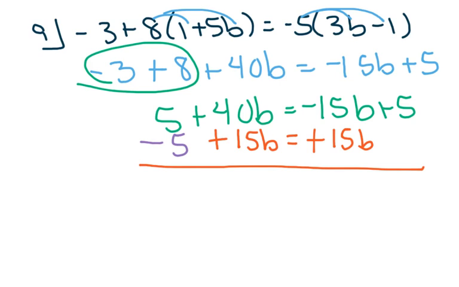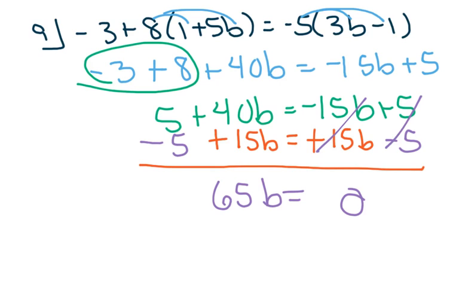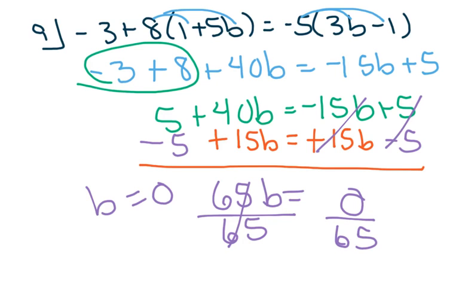So what happens here is all this cancels here. And we get 0, and this is 65b. So what times 65 is 0? 0. Or you could just divide both sides by 65, and b equals 0. So my solution set is 0.